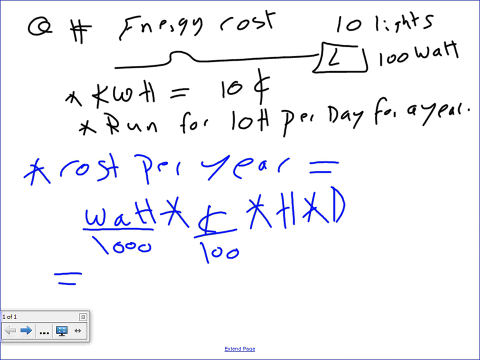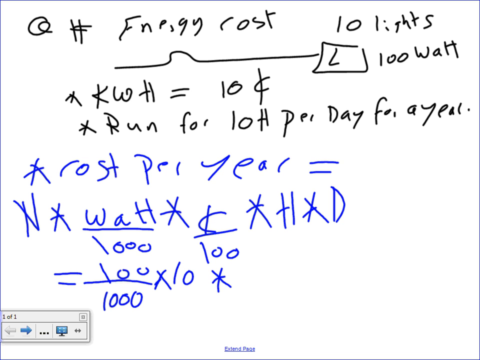Oh, we have to also multiply by how many lights. N is how many fixtures. Okay, so 100 divided by 1,000, multiplied by 10. Everybody knows why 10?